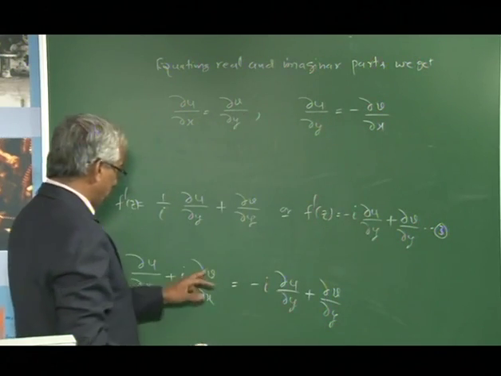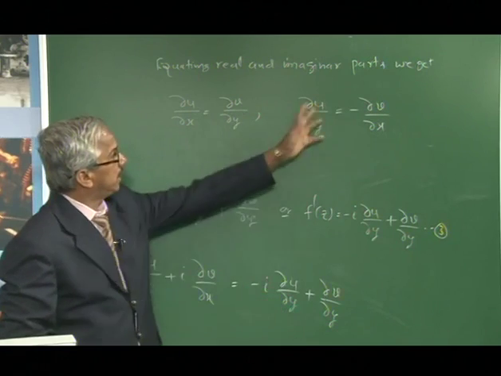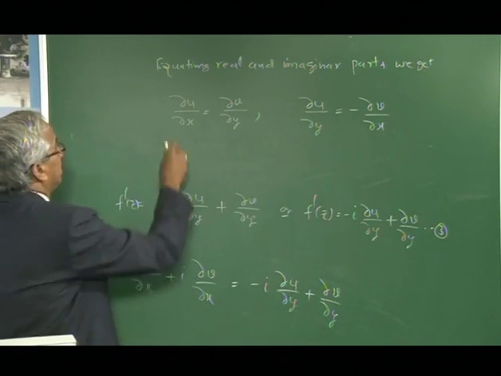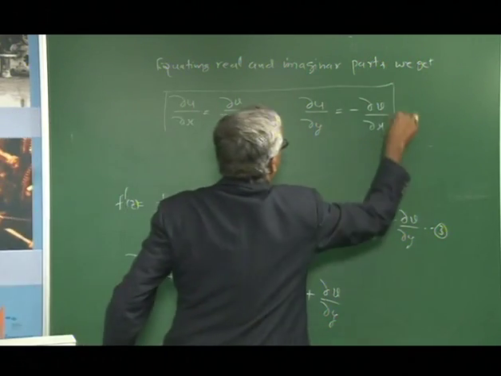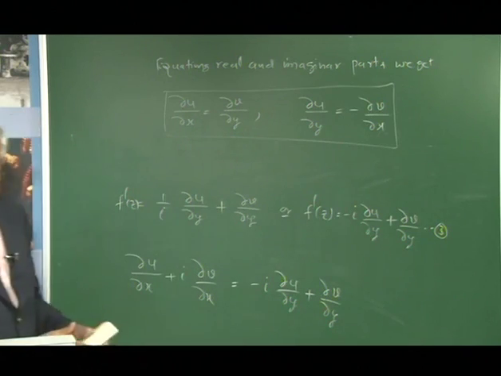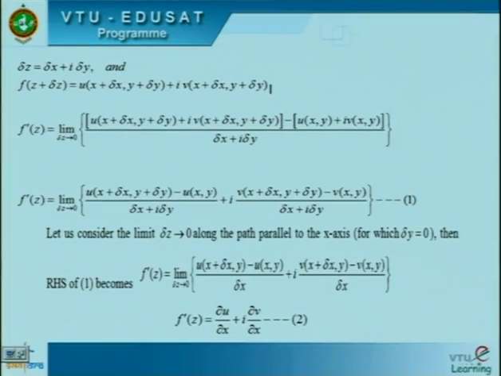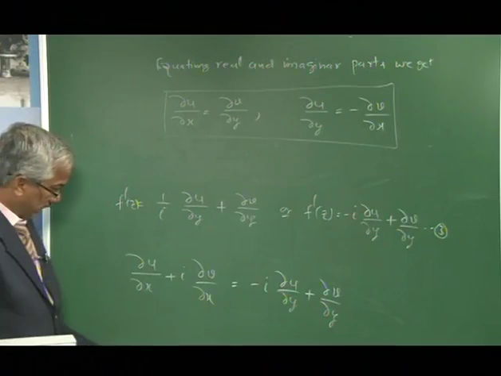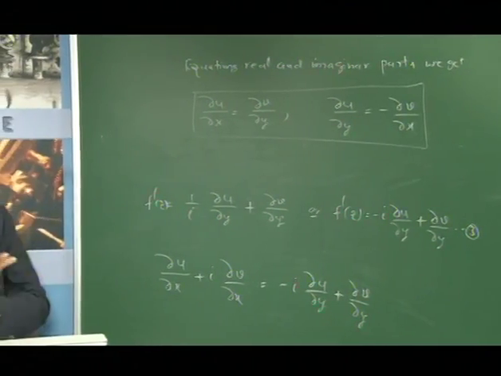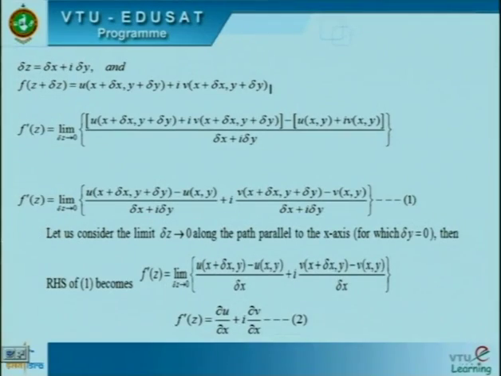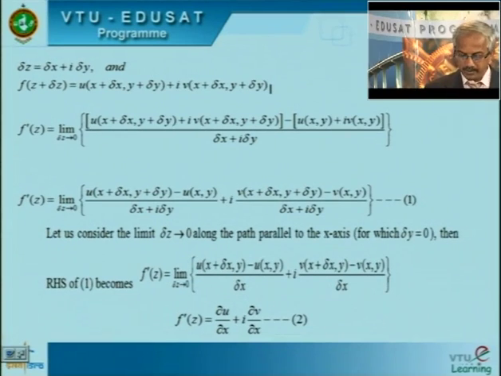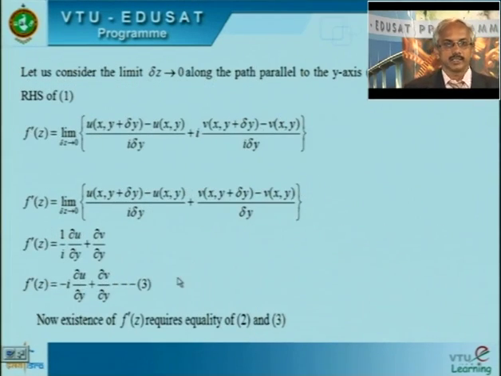I have to write it in this form. These are the actual CR equations, and this must be a necessary condition for f(z) to be differentiable, and the proof is given clearly here.